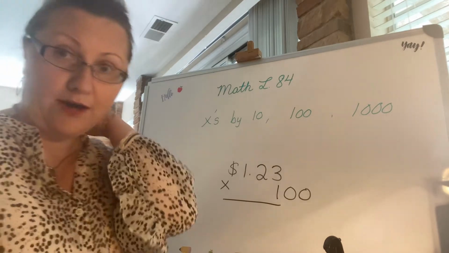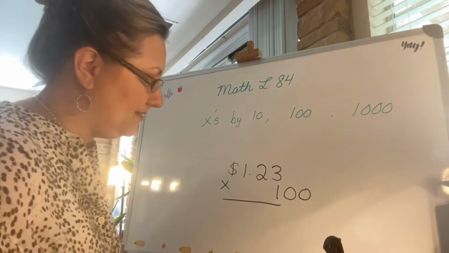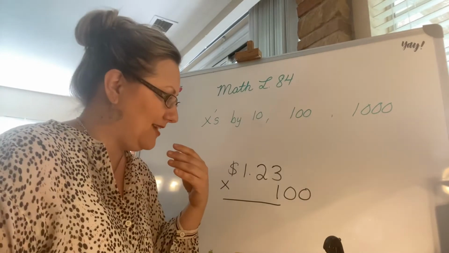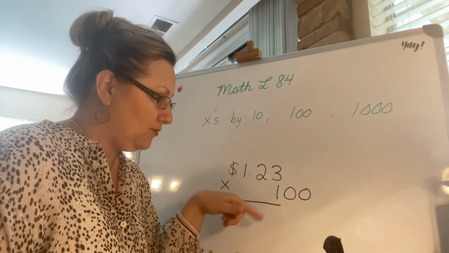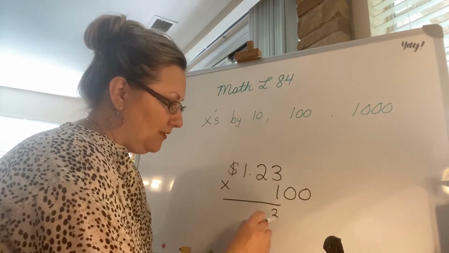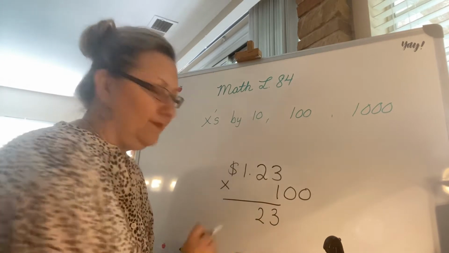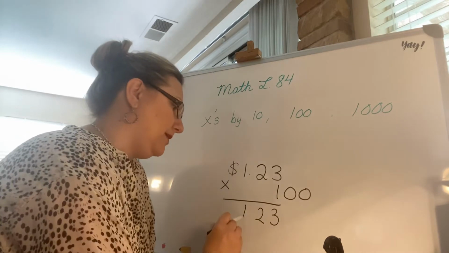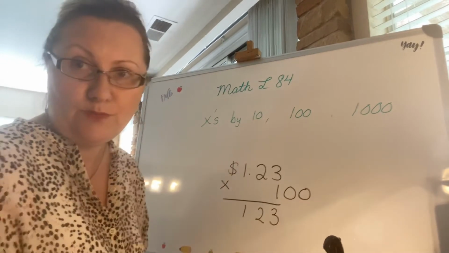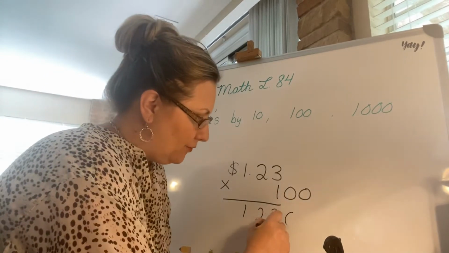We leave off the 2 zeros at the end, and we know that $1.23 times 1 will still give us all the same numbers. 1 times 3 is 3, 1 times 2 is 2, 1 times 1 is 1. The next step is not to do the decimal first, but to bring down those 2 zeros.